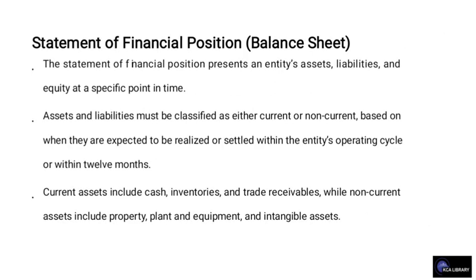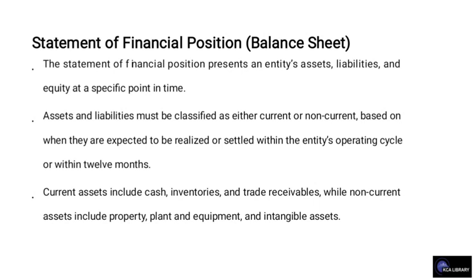Looking at the statement of financial position, it's known before as the balance sheet. It presents an entity's assets, liabilities, and equity at a specific point in time. Assets and liabilities must be classified as either current or non-current based on when they are expected to be realized or settled within the entity's operating cycle or within 12 months.